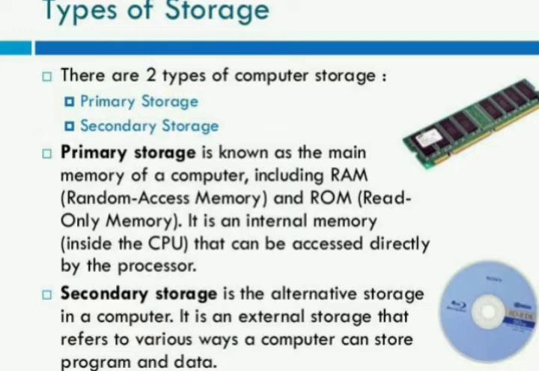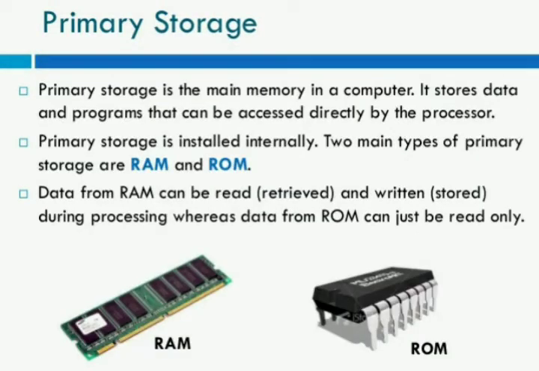It is given by the manufacturer itself, and it is of two types: one is RAM and the other is ROM. And secondary storage is our pen drives and the SD cards we buy. Primary storage is called the main memory, so that the computer can directly access the information, and secondary storage is called the alternative memory.